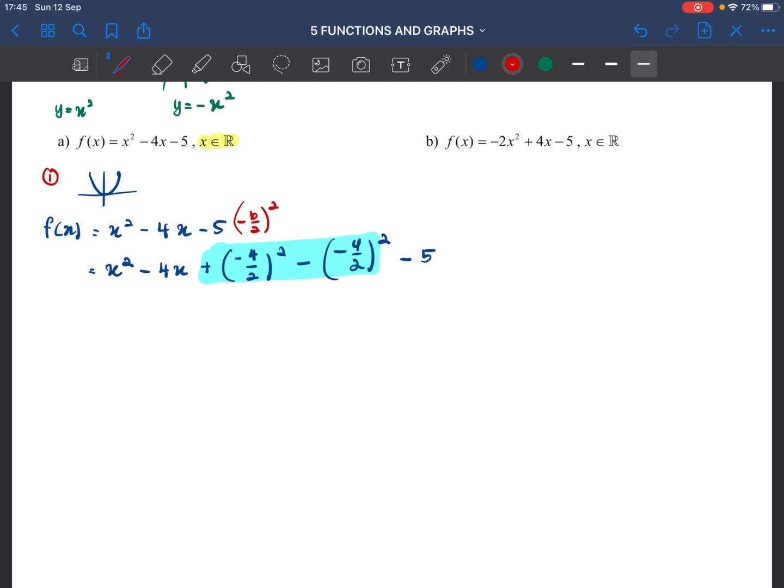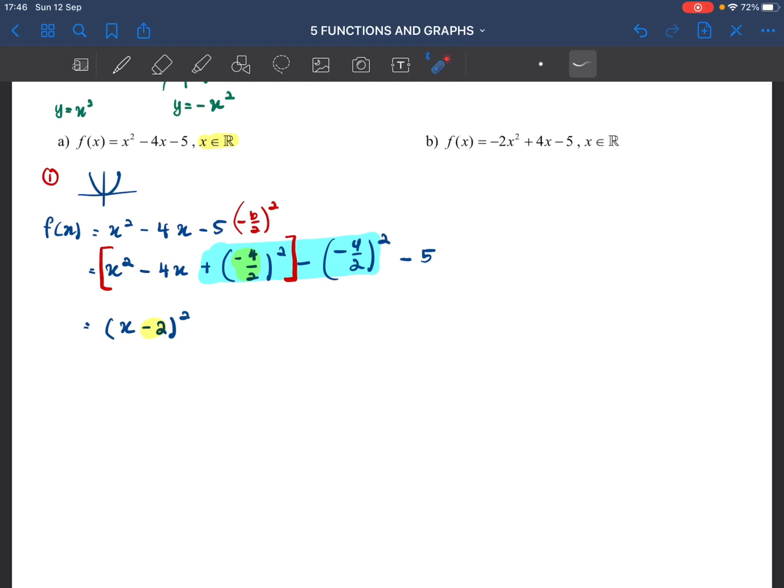So now we are going to factorize this part. Bila kita factorizekan, dia akan jadi equals to x minus b over 2, x plus b over 2. Okay, apa yang ada di sini, kita akan letak di sini. So negative 4 over 2, dia akan jadi minus 2, squared.